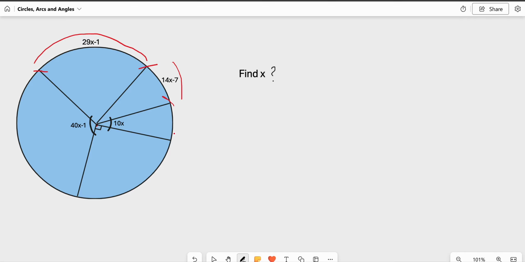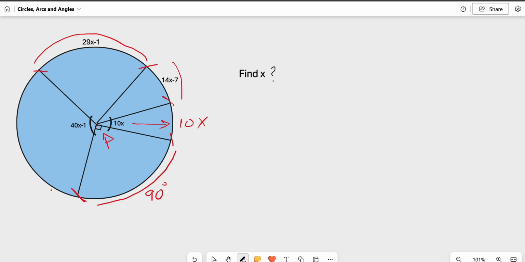How much is this arc? This is a central angle, so the arc is 10x. How much is this arc? Notice that this is a 90-degree angle here, you see? And all of these angles are central angles. So how much is this arc? Yes, this arc is 90 degrees.